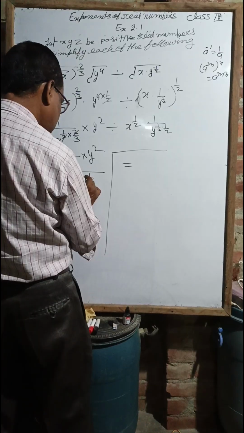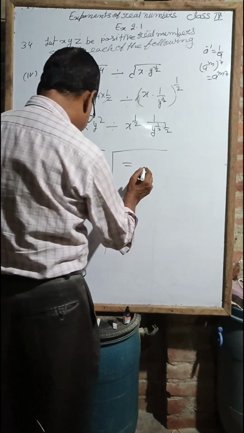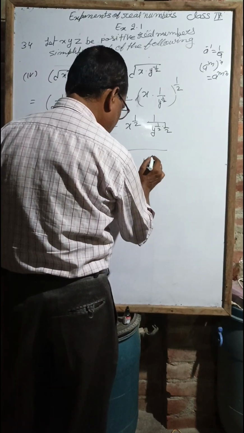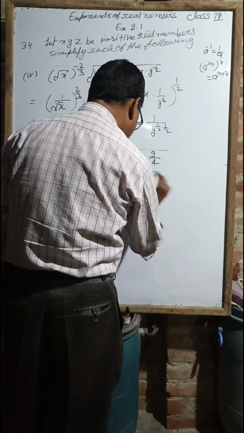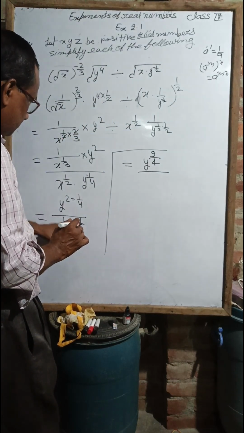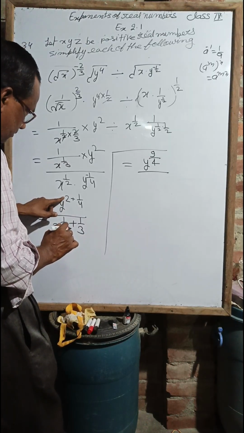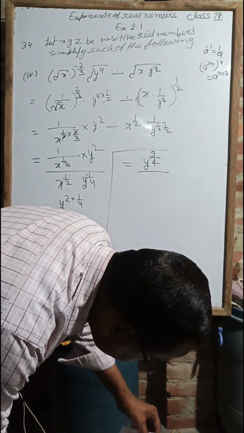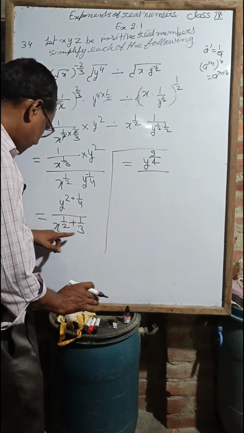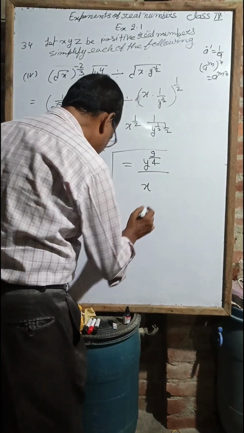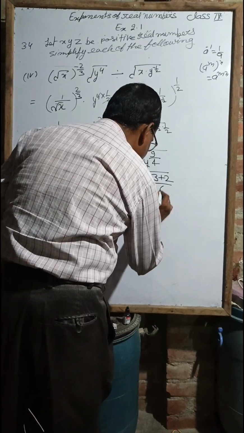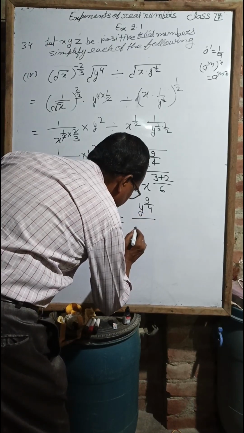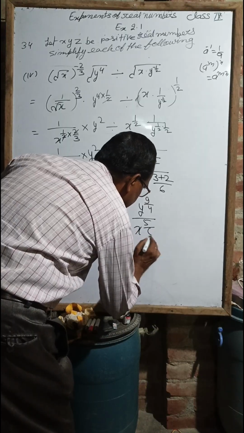This minus in the denominator goes up, so it becomes plus, okay. Is equal to y to the power 9 over 4 upon x to the power 3 plus 2 over 6, is equal to y to the power 9 over 4 upon x to the power 5 over 6.